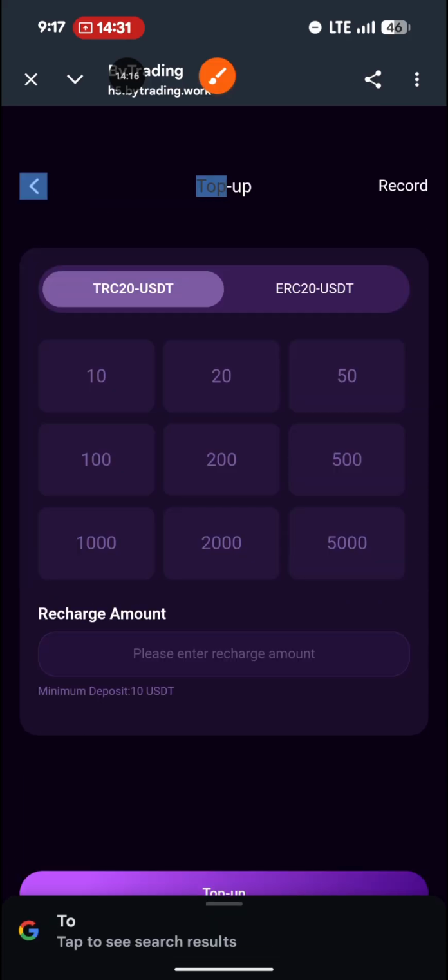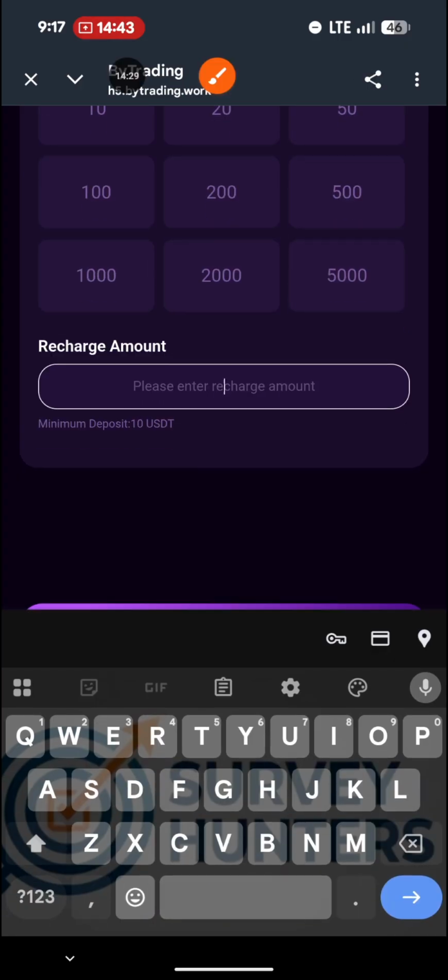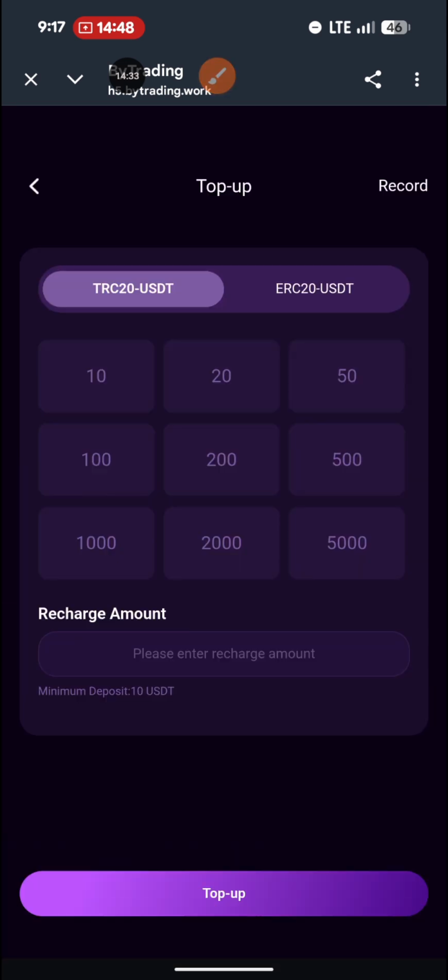Then the minimum you can top up is 10 USDT. From $10 upward, you can input the figures here. You can put 12, you can put 13, you can put 20. Any amount you know you can lose. You understand? Risk what you can afford to lose. Then you click on top up.